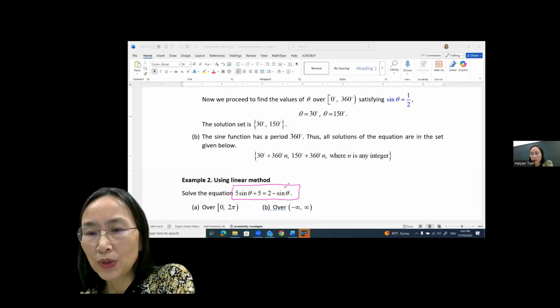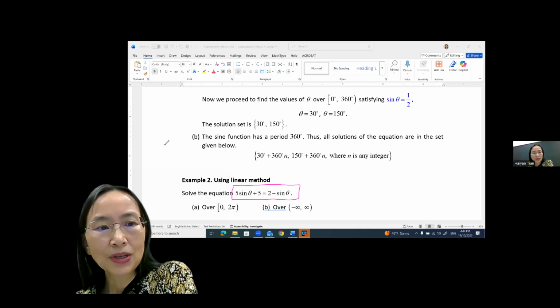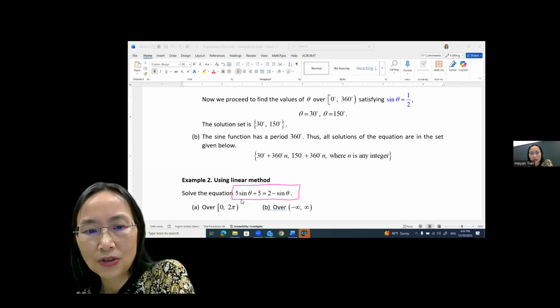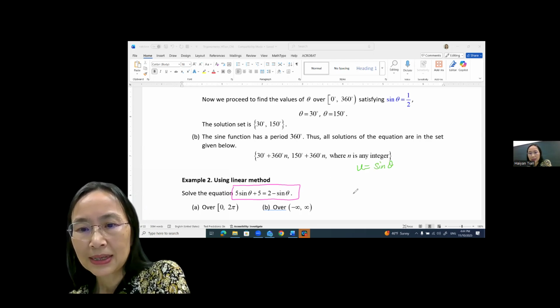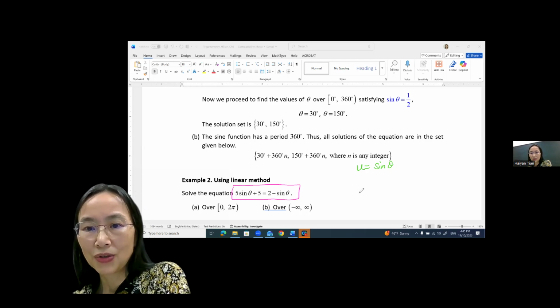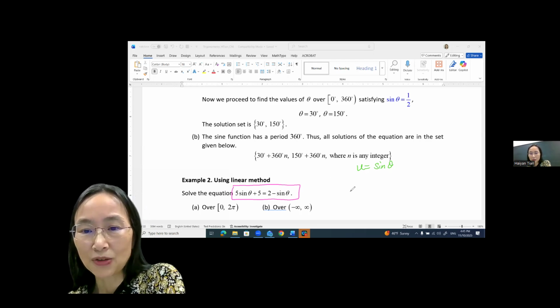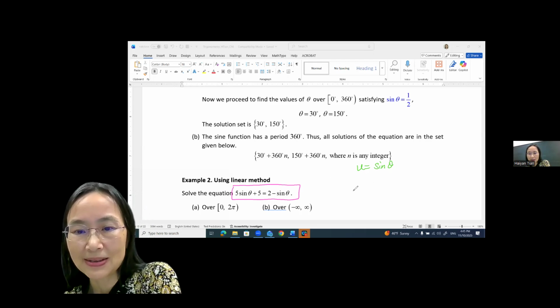But first of all, we want to solve for sine theta. So it doesn't hurt if you just treat this sine theta as a u, right? Then you just think that u is unknown. It is something you want to get first, which is the sine theta.